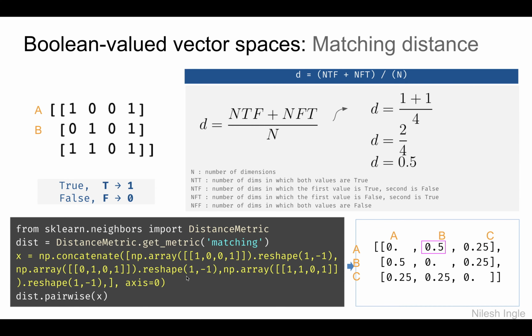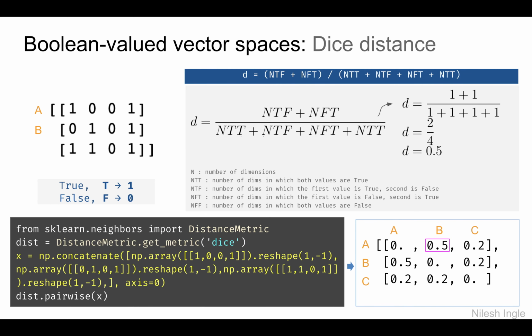And so this is the code that gives the matching distance, and here is the output on the bottom right in this matrix. So the first row, second column, we see in the magenta box that the distance between A and B is 0.5. Similar to this, there is a dice distance, and it is given by this relation shown here. Again, the method is the same.